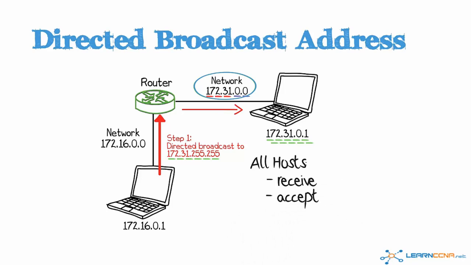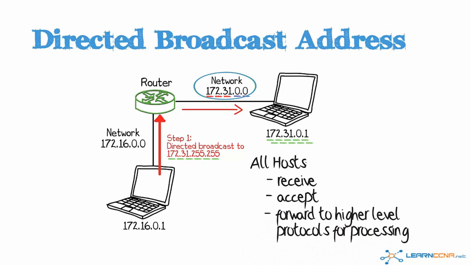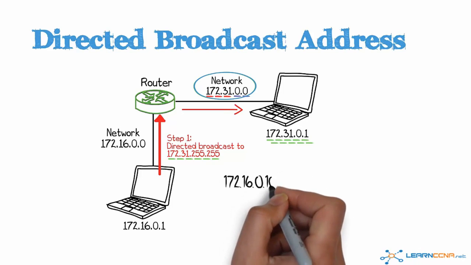In other words, the network interface cards will accept the broadcast and forward it to higher layer protocols for processing. The CPUs of every device will be interrupted to process the directed broadcast. Now normally, attackers would send the directed broadcast from the device that they want to attack. In other words, they may be using a different IP address, for example 172.16.0.10.